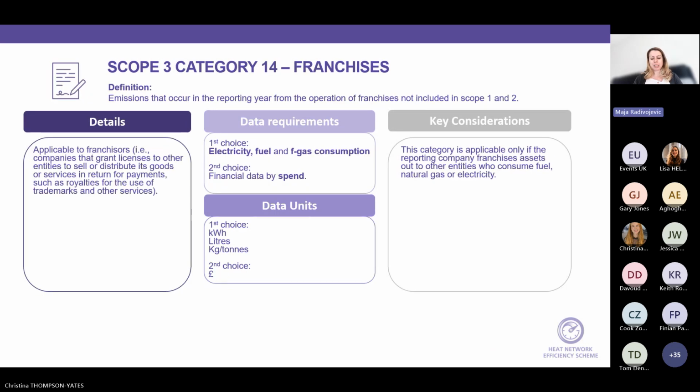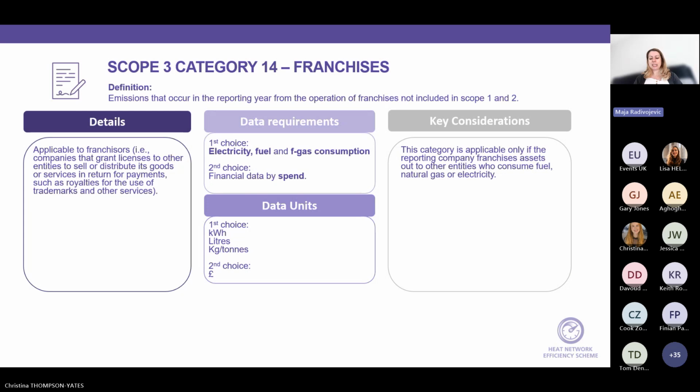Category 14 covers franchises. This may be less relevant for many organizations, but it includes emissions generated from franchise operations that fall within Scope 1 and Scope 2. This category applies where companies grant licenses to other entities to sell or distribute goods or services in exchange for payments, such as royalties or trademark fees.